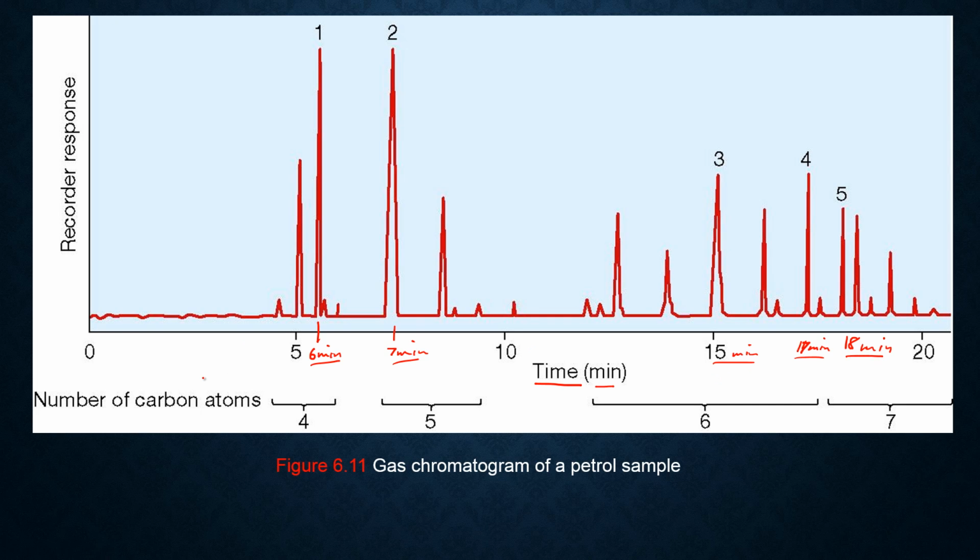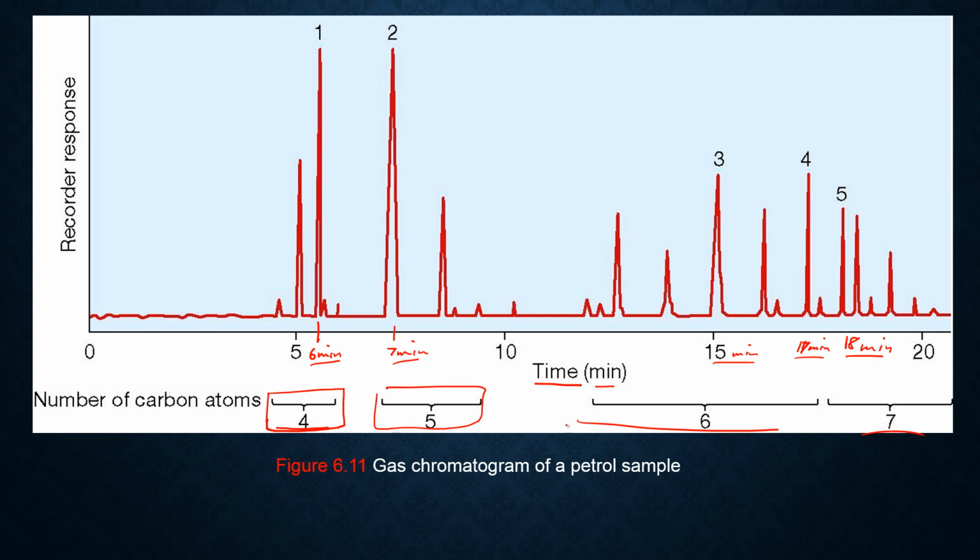Now looking at our chromatography graph, again, they've circled down here, they've said that the hydrocarbons that they've put through the gas chromatography machine, the first few hydrocarbons that have come out contain only a 4 carbon backbone, and then the next few is a 5 carbon backbone, and then a 6, and then a 7 carbon backbone.